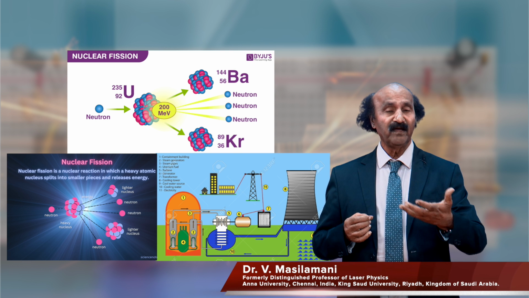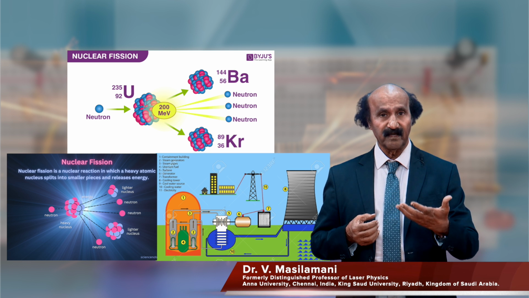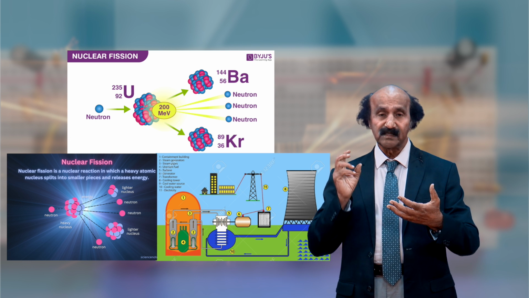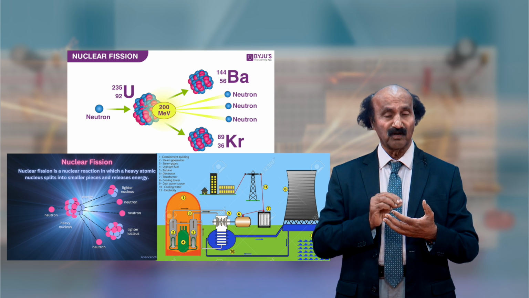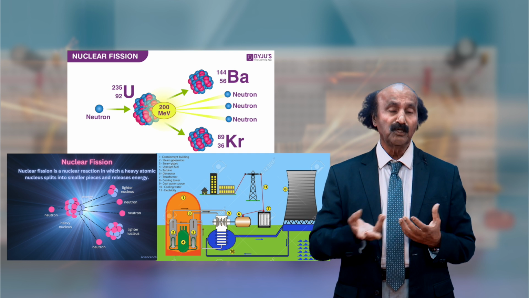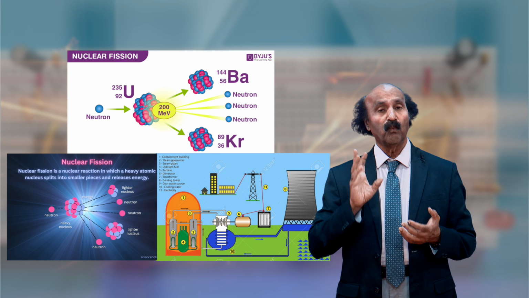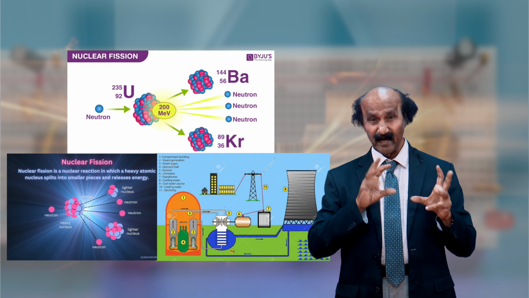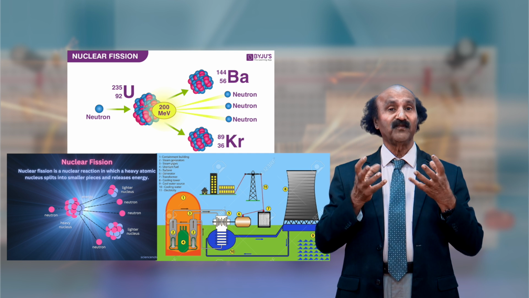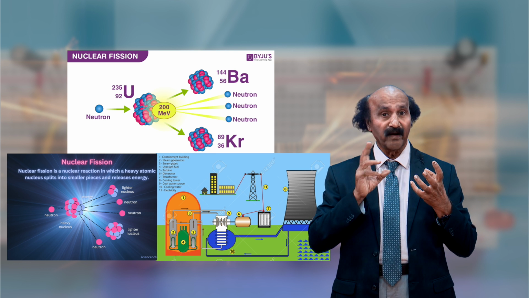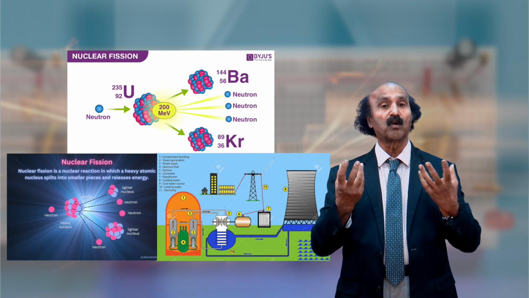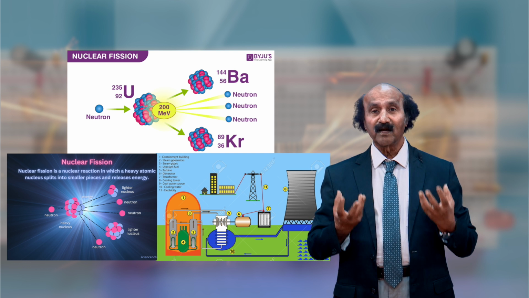What we do is, heavy uranium-235, yes, if I remember, 235, if you could just bombard it with a slow neutron, the slow neutron will wriggle into the nucleus, and once it has gone in, it will make a lot of chaos inside. Then the uranium nucleus will split up, not radioactivity, it will split up into two approximately equal smaller nuclei.